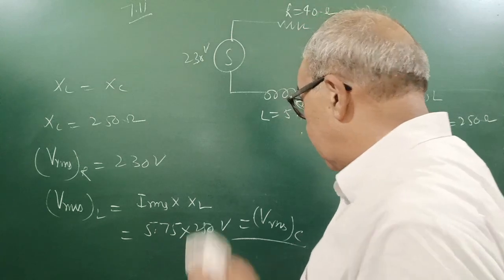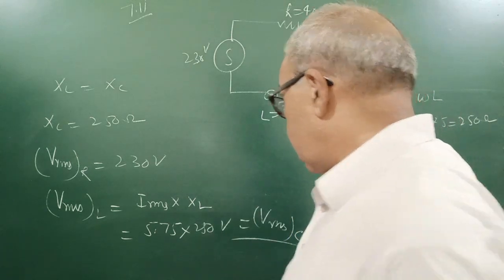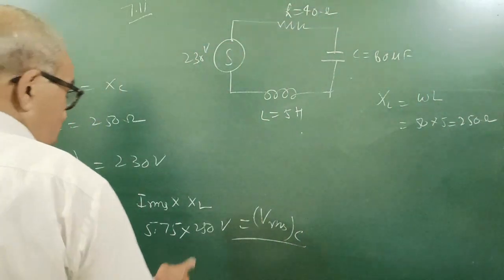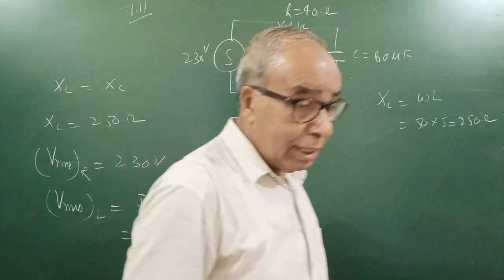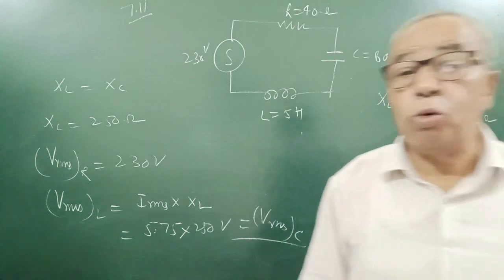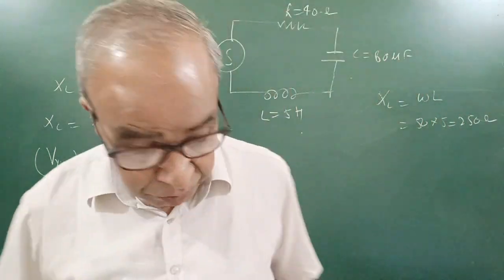It will come out to nearly 3000 volt. So that is why a series LCR circuit is used to amplify the voltage.